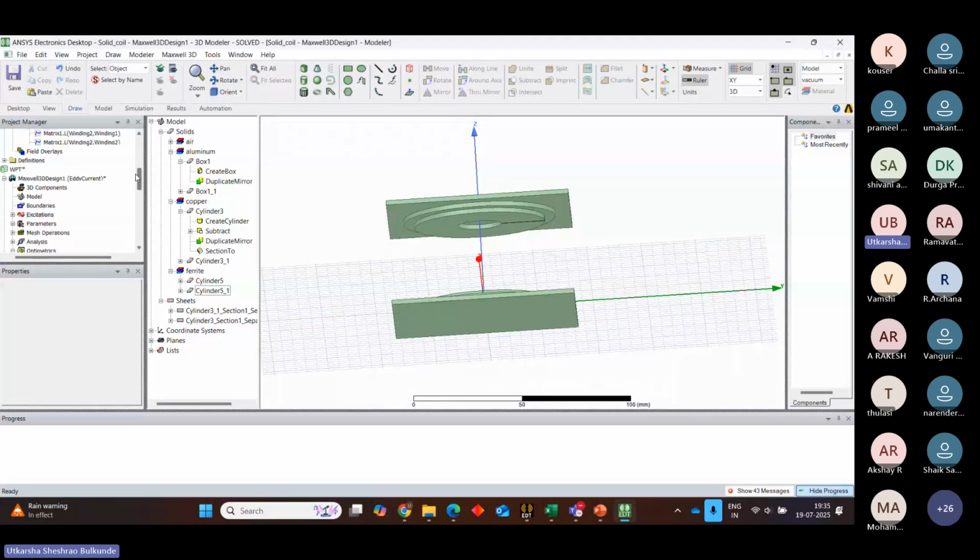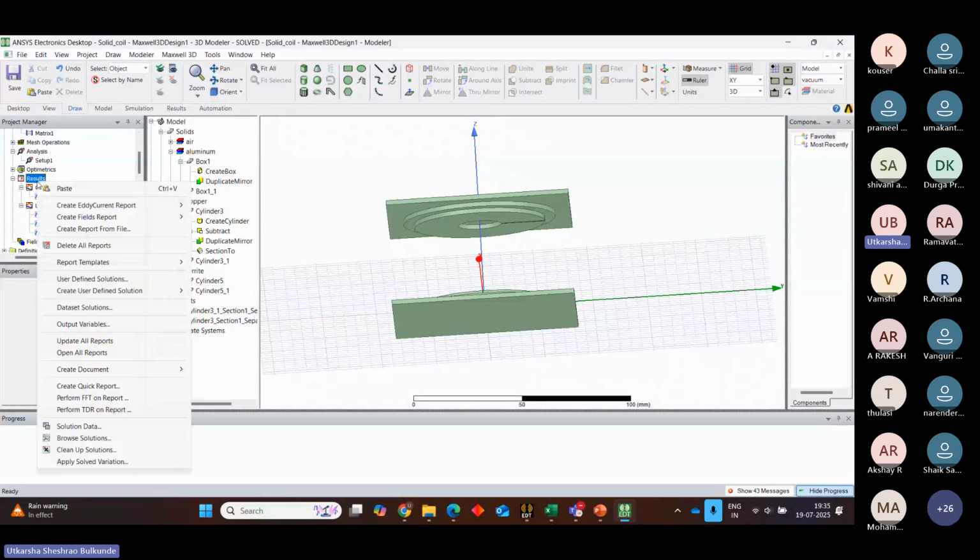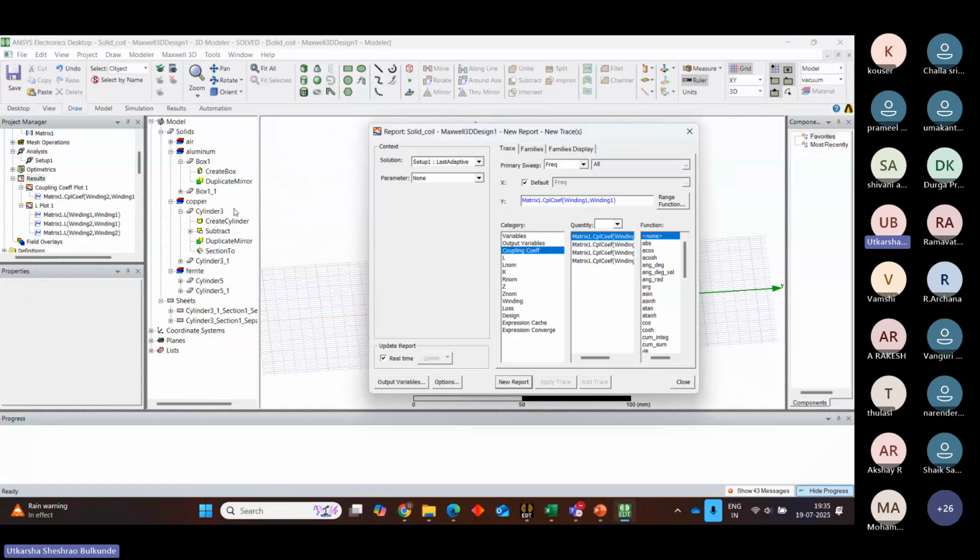So more things are there that you can analyze. You can explore this on your own, but I'm just telling you the multiple options that are available. This is induced voltage if you want to see in winding 1 and 2.